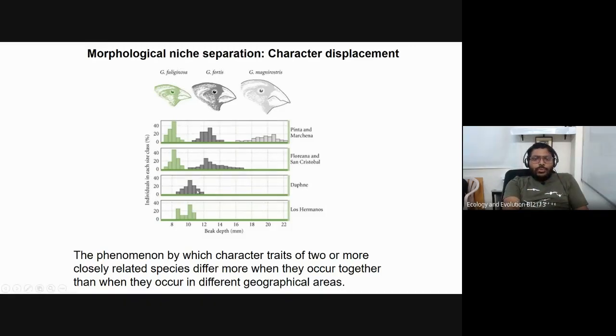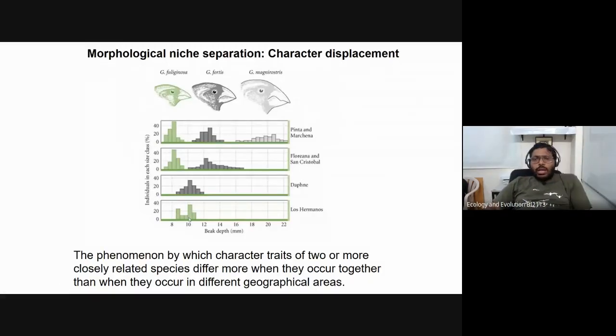Interestingly, when you find the same species on its own on another island called Daphne, then this ends up going somewhere in the middle. So now it is happily overlapping quite a bit with fuliginosa. And similarly, fuliginosa, when it is found alone on one of those islands, shifts a lot towards the right hand side.